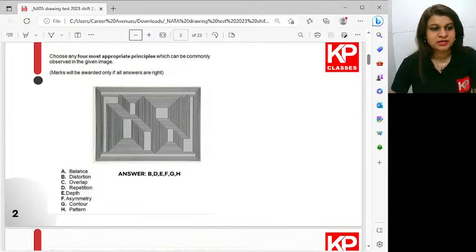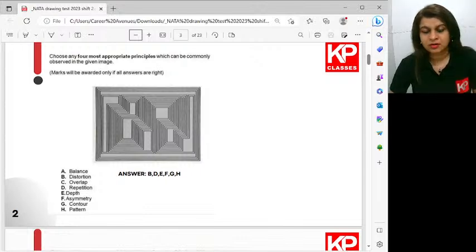The next one is repetition. Yes, of course, we can see the lines being repeated after certain intervals. So definitely there is repetition over here. There is a feeling of depth, although it's a 2D image, but still the way the lines are moving, it is creating the effect of depth in the particular image.